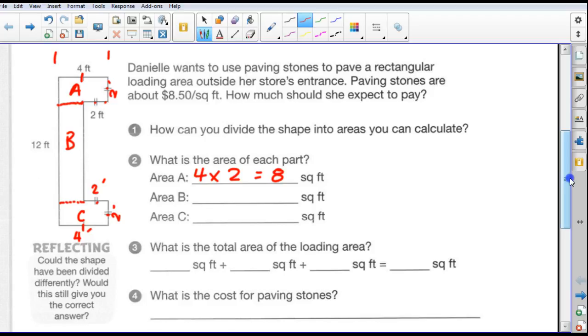And if this is 2 feet here, and this is 2 feet down here, and this is 12 feet all the way on this side, if I take 12, subtract 2, and subtract another 2, I end up with 8 feet inside here. So the area of area B is just 8 feet times 2 feet, which is equal to 16 square feet.